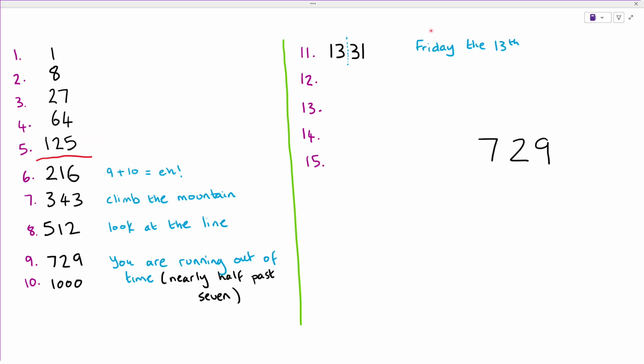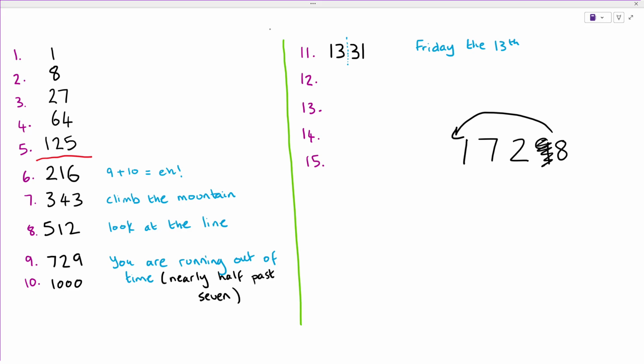If this is odd, this cannot be odd. So this 9 cannot be there, so it's not nearly 7:30. So what I do is I take one off here, that becomes an 8, and the one that I've taken off jumps to the front.